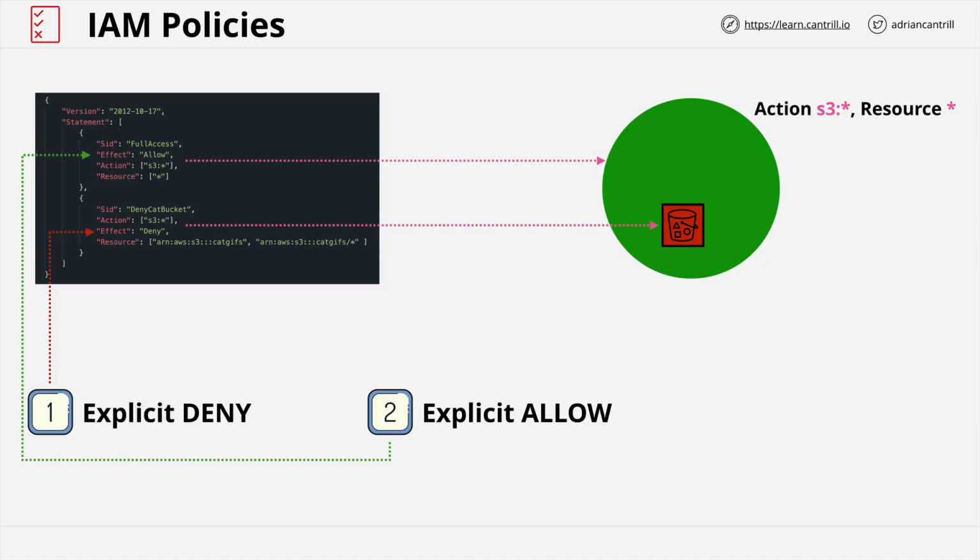If you're explicitly allowed access to something, which the top statement does, and you're also explicitly denied access to something as the bottom statement does, the deny always wins. Explicit denies always take priority. Lastly, if neither of those applies, or if you're attempting to do something for which you have no explicit allow and no explicit deny, then the default implicit deny takes effect.